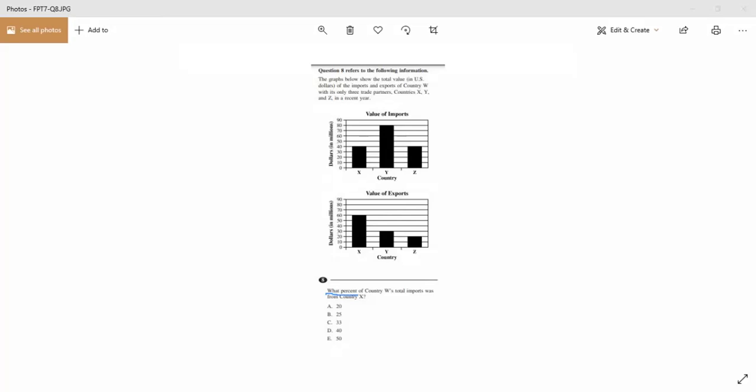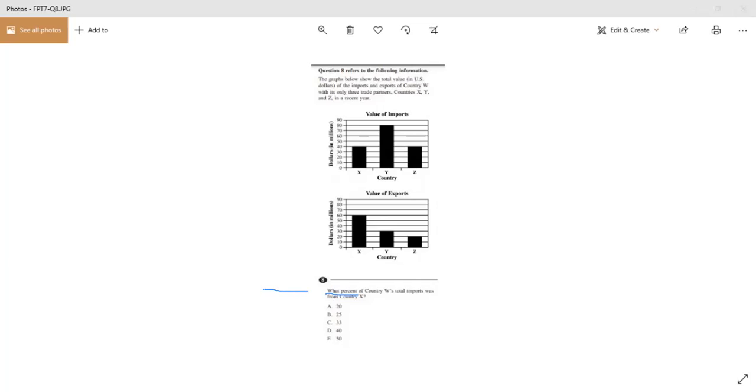So what we're going to do is build a fraction to represent this problem, and then we'll convert the fraction to a percent. A fraction is going to have a numerator and a denominator. So I'm setting up a fraction here with a numerator and a denominator. The numerator is the part, and the denominator represents the whole.